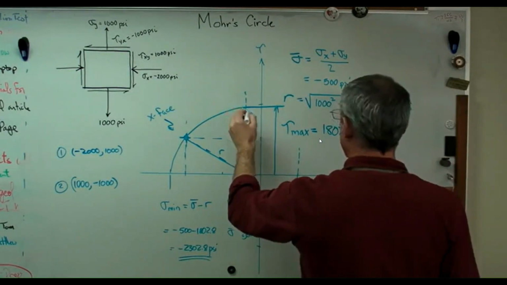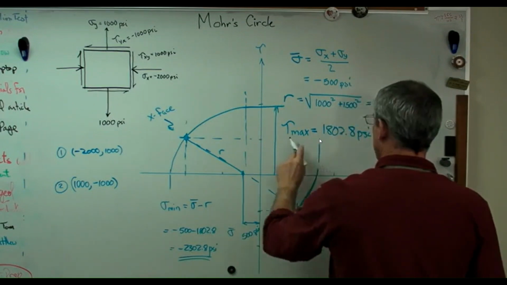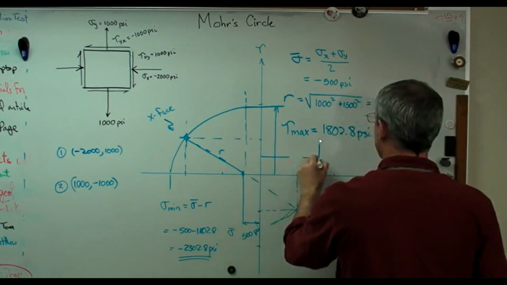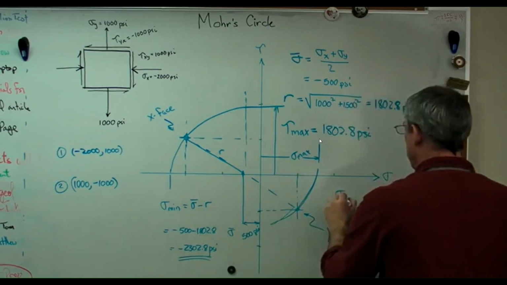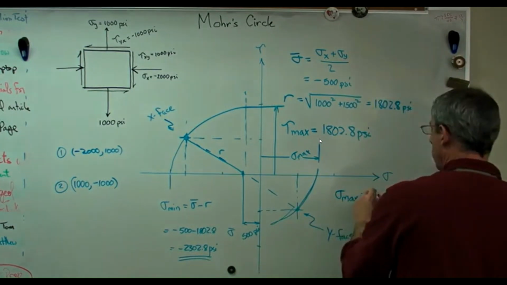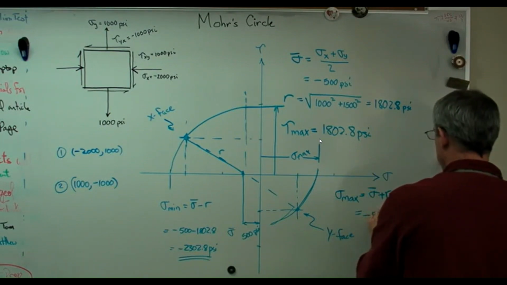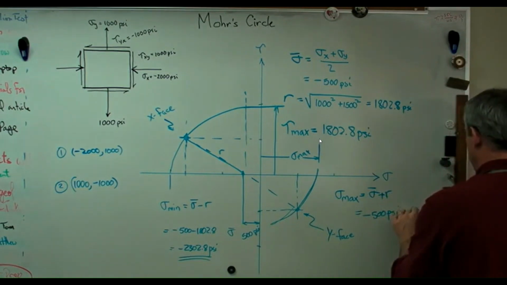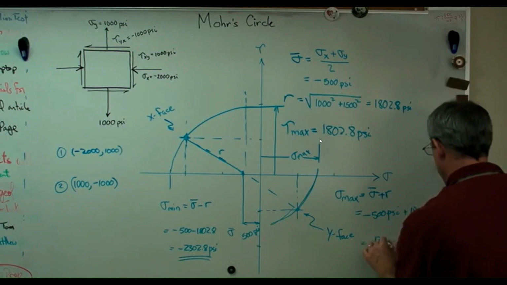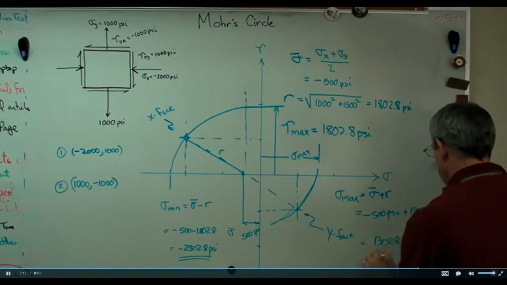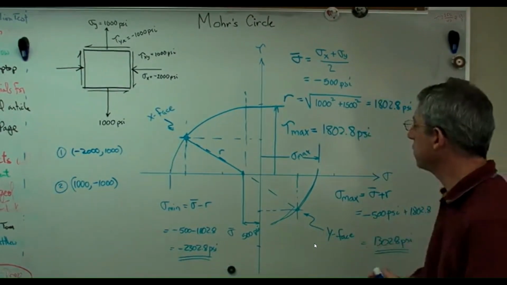I can continue that circle right there. Maximum normal stress is right there. Sigma max is now going to equal sigma bar plus the radius. So it's minus 500 psi plus 1802.8, and that works out to 1302.8 psi. That's the maximum. That's the tensile stress. It's the maximum tensile stress.